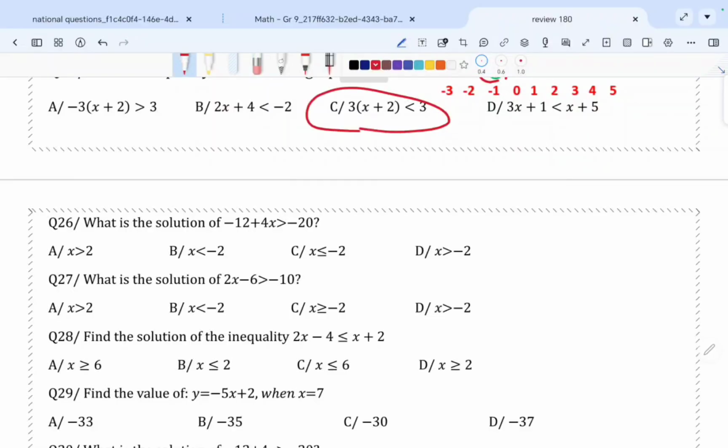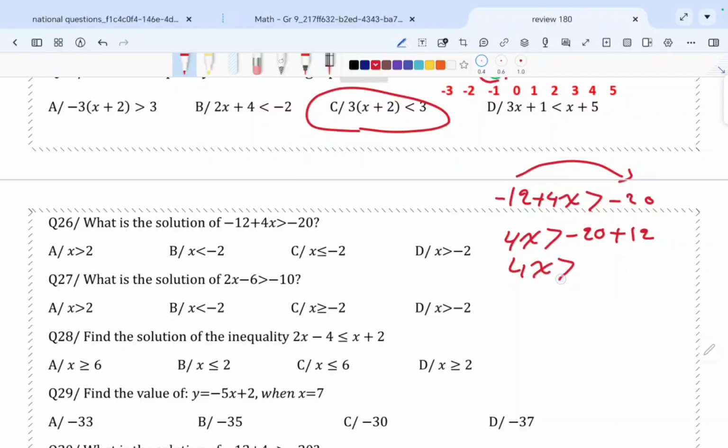Now question 26. What's the solution of negative 12 plus 4x is greater than negative 20? Move negative 12 to the other side. 4x is greater than negative 20 plus, it's negative, it will be positive, plus 12. 4x is greater than negative 8.